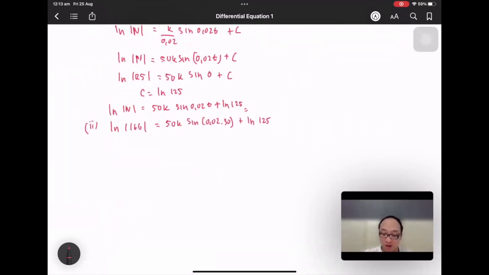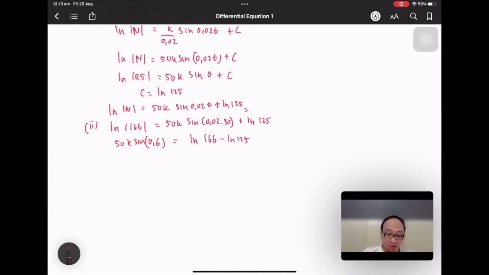So we can find 50K sine 0.6 equals ln 166 minus ln 125.